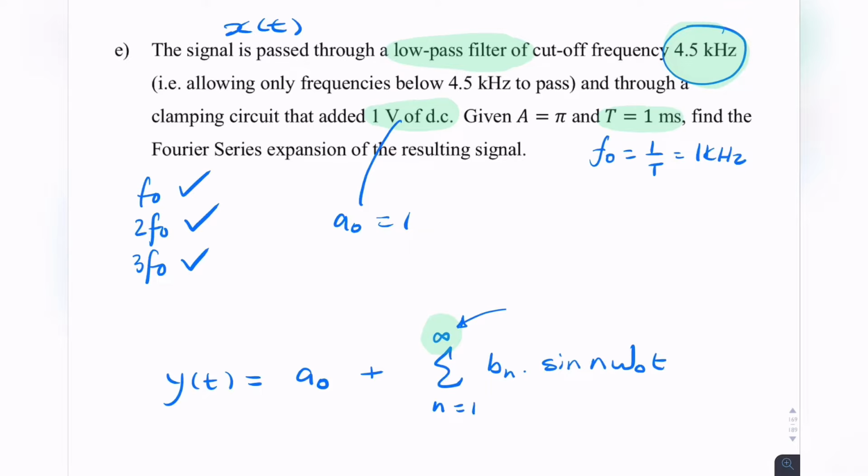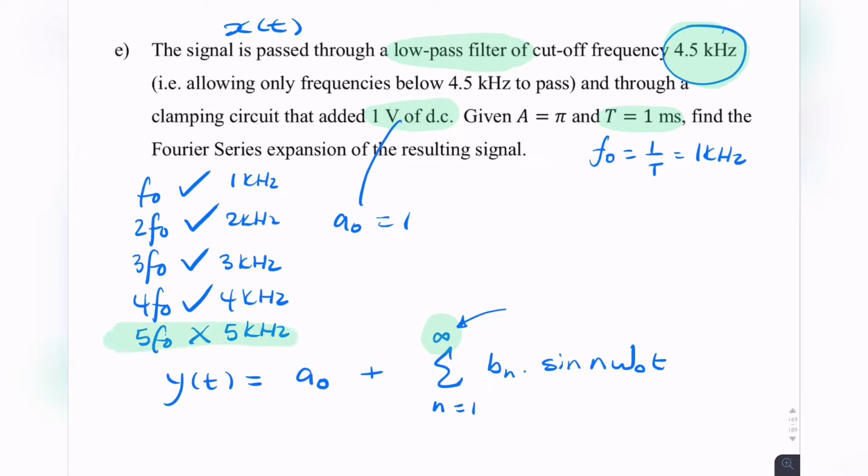So the fundamental will be 1 kilohertz. 2 kilohertz, that'll pass. 3 kilohertz, that'll pass. The fourth harmonic, 4 kilohertz, that'll pass. But the fifth harmonic, 5 kilohertz, that won't pass. So it'll only allow the first 4 components to pass.